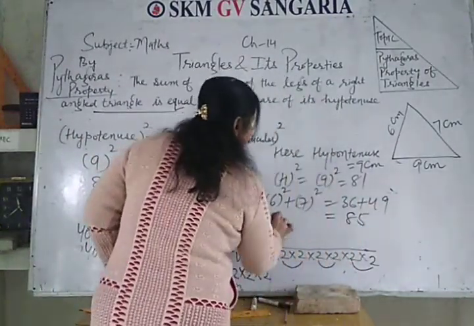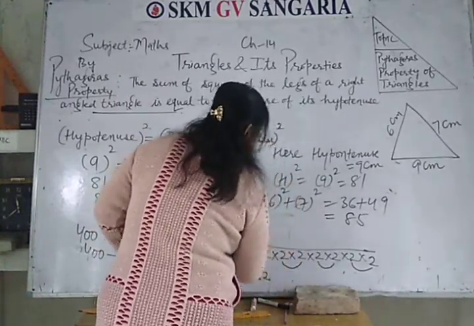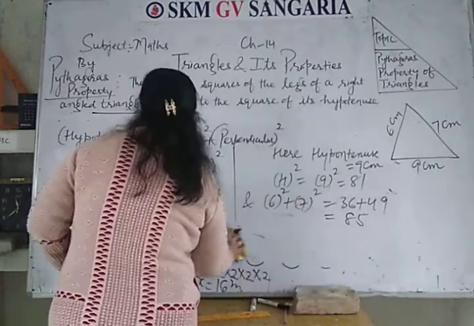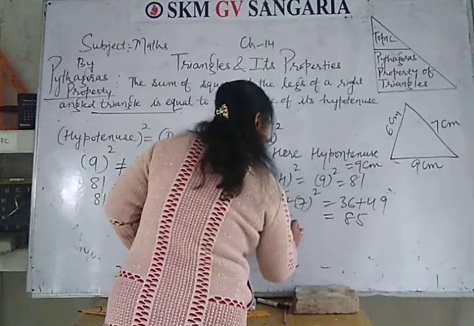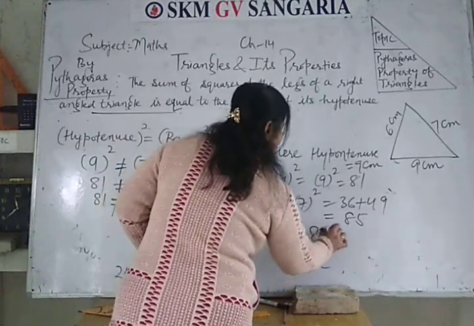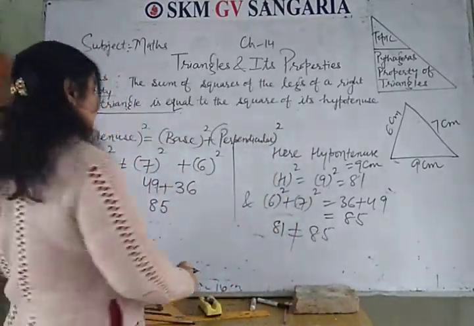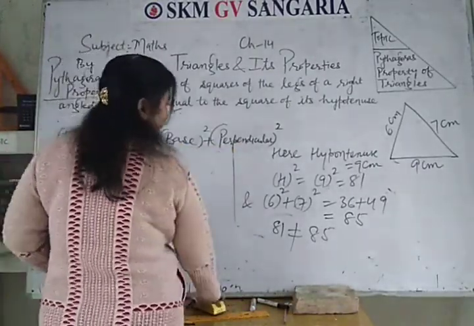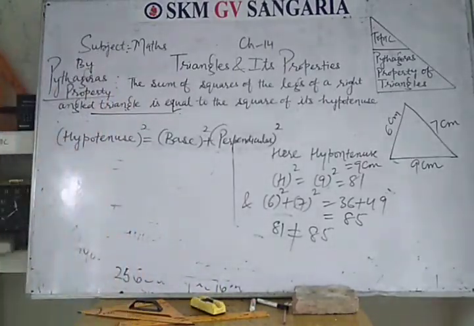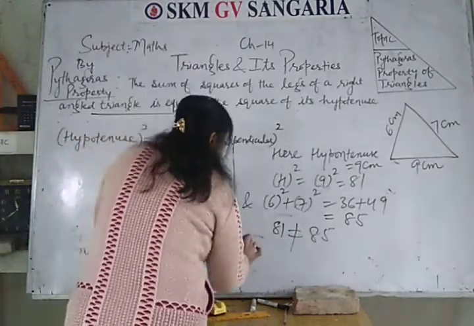So we can say here 9 square, hypotenuse square, is not equal to the sum, 81 is not equal to 85. Therefore, we can say the given lengths do not form a right angle triangle.